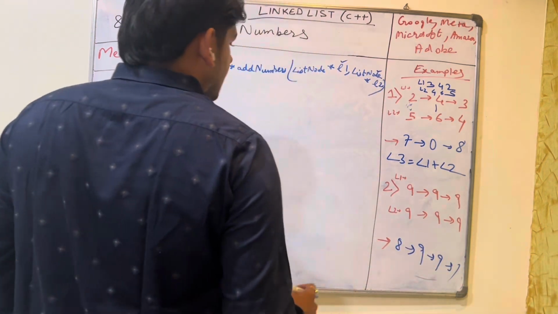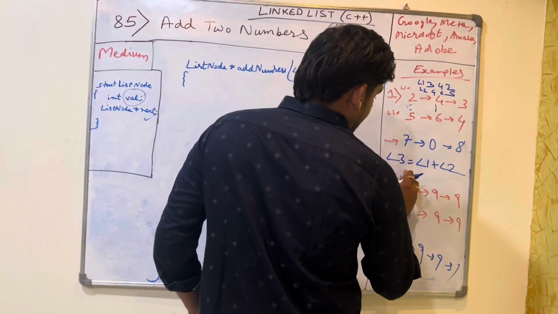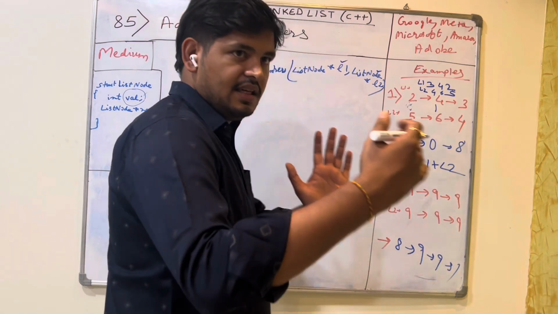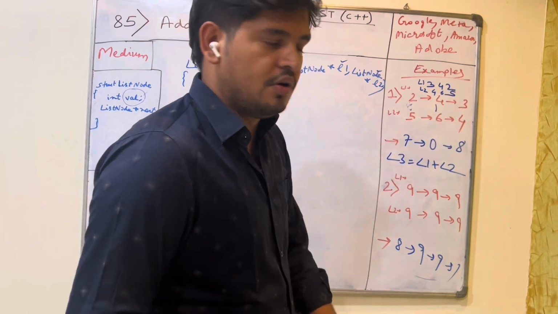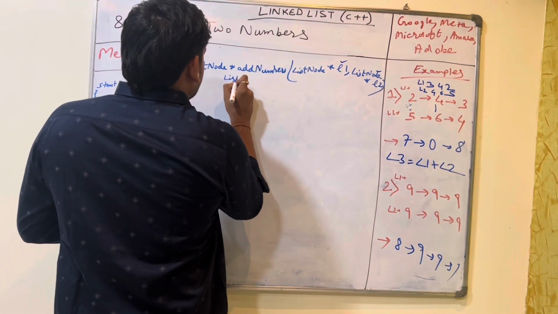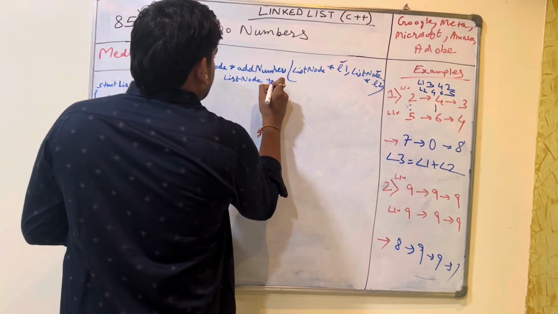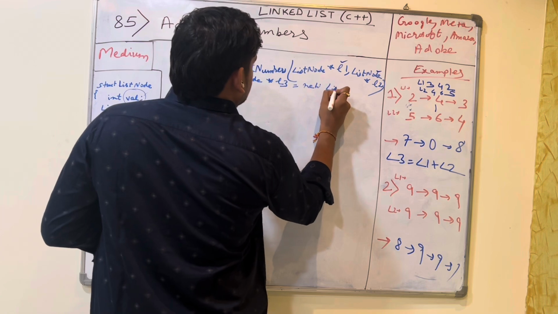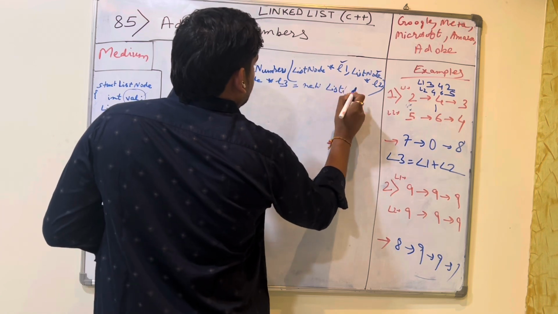If suppose L1 gets over, then we'll add the remaining numbers from L2. Let's code it. It's simple. So we have a ListNode struct L3 and we create a new ListNode, a new linked list.